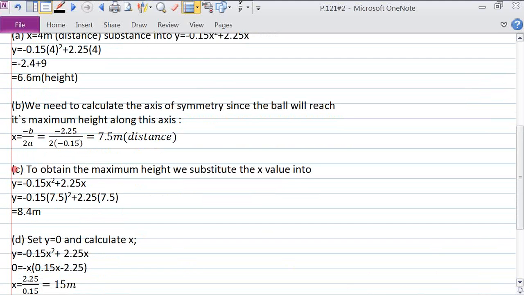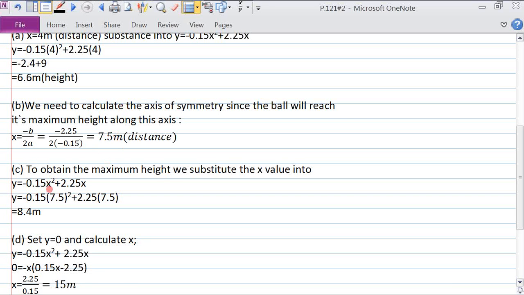Now, what will be that maximum height? Well, we have to plug this x value into the equation in order to find what the height is. So this is just telling us the distance along the ground, which is the x value. We plug this into the equation.